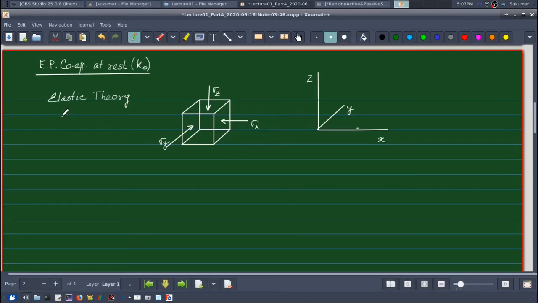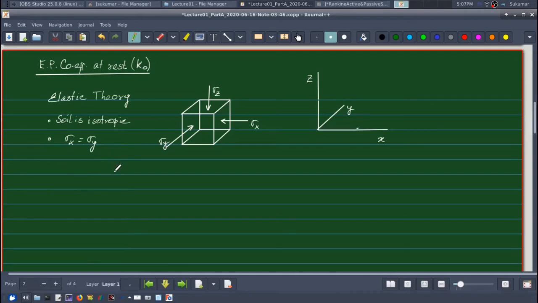Okay, so my soil is isotropic, and therefore I have sigma x is equal to sigma y. Now at rest condition means there is no lateral deformation, that means there is no lateral strain.